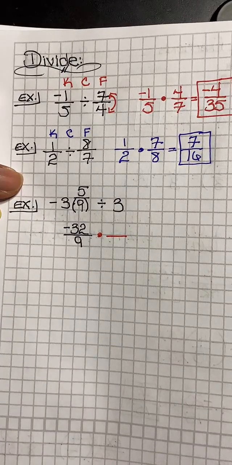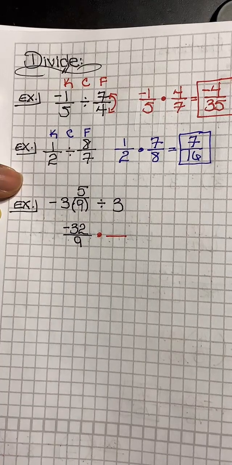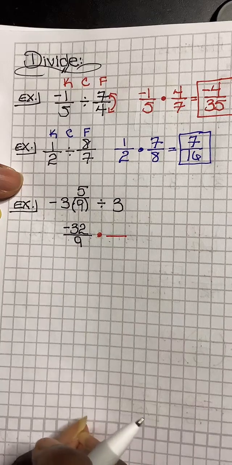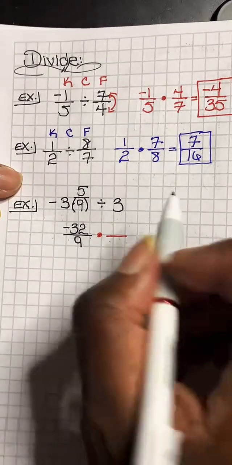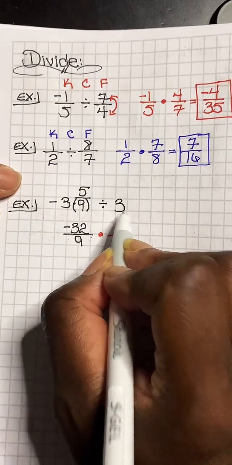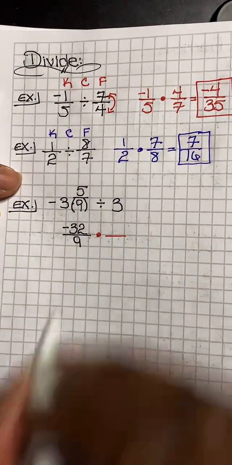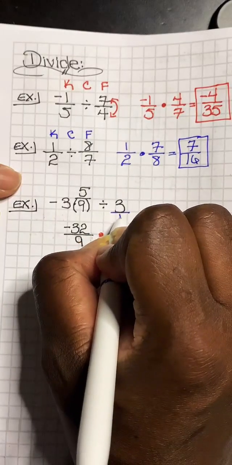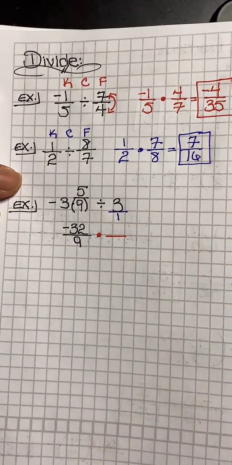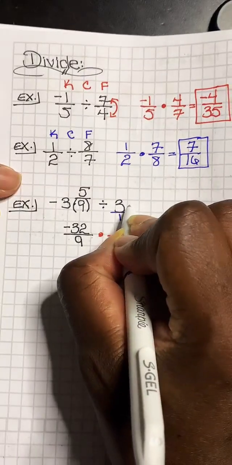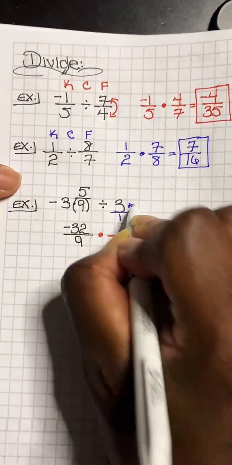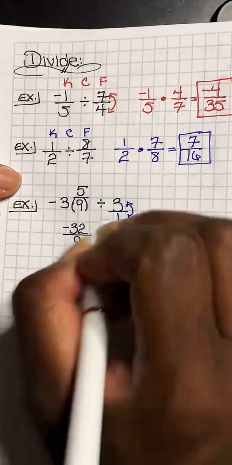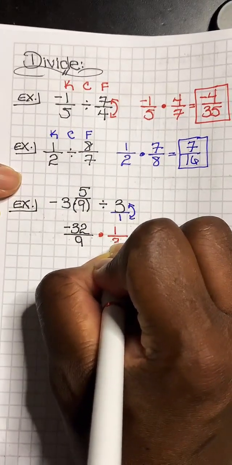Okay, so I'm seeing 3 over 1. There we go. Originally, anytime it's a whole number, we like to make it into a fraction. So it's going to be 3 over 1. But if we're going to do the flip, we have to flip it to make it into 1/3.